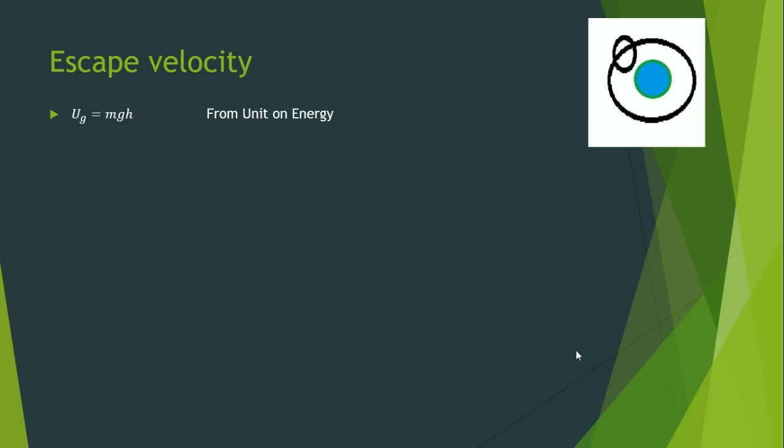So we have this gravitational potential energy. This is from the energy unit, which was quite a while ago. And remember, energy is just mass, gravity, and height. So now that we know that gravity changes with height, we just write m times GM over r squared, because that's the force of gravity.